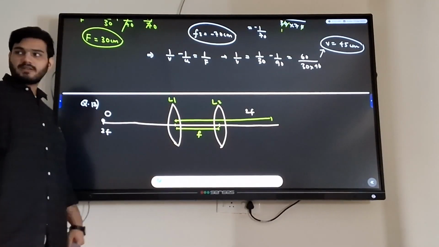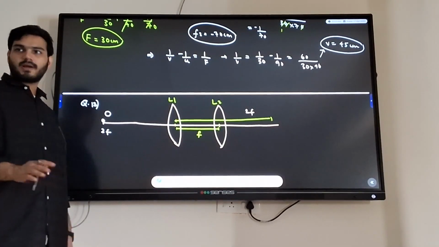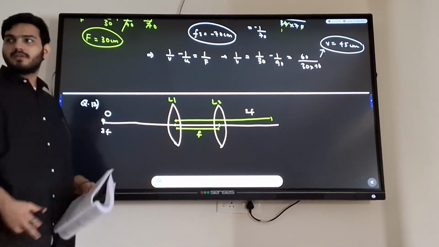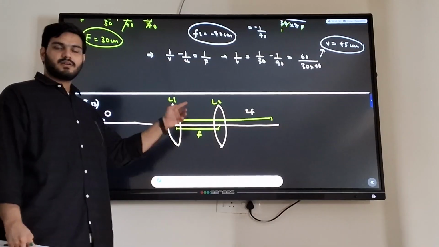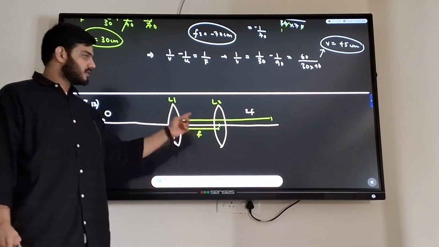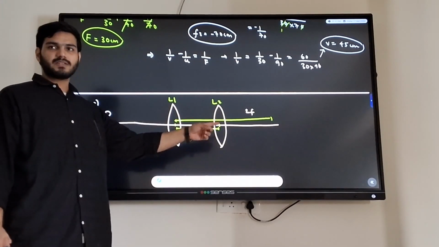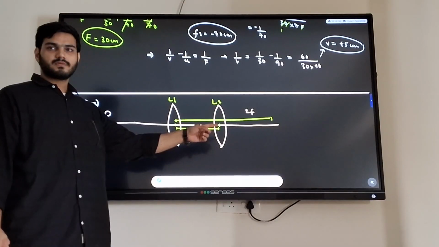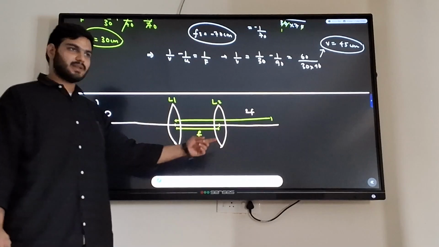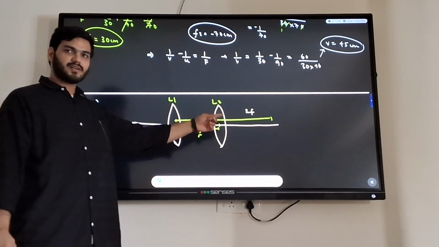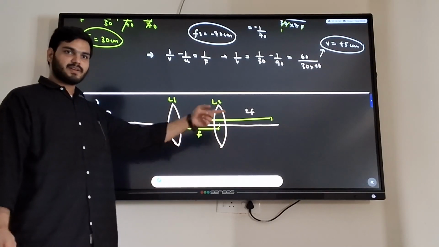How will I do the question? The same way that we have been doing up until now. Don't consider L2, only consider L1 and apply the formula. You will get a virtual image, which will act like an object for L2.